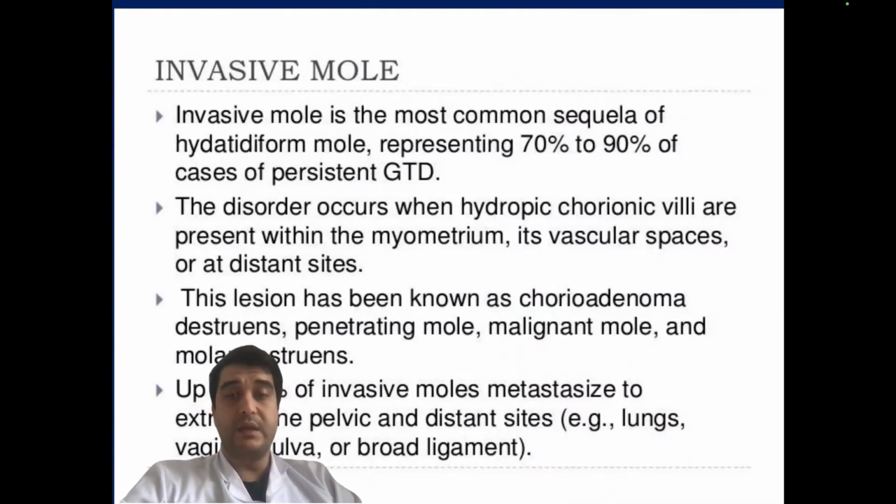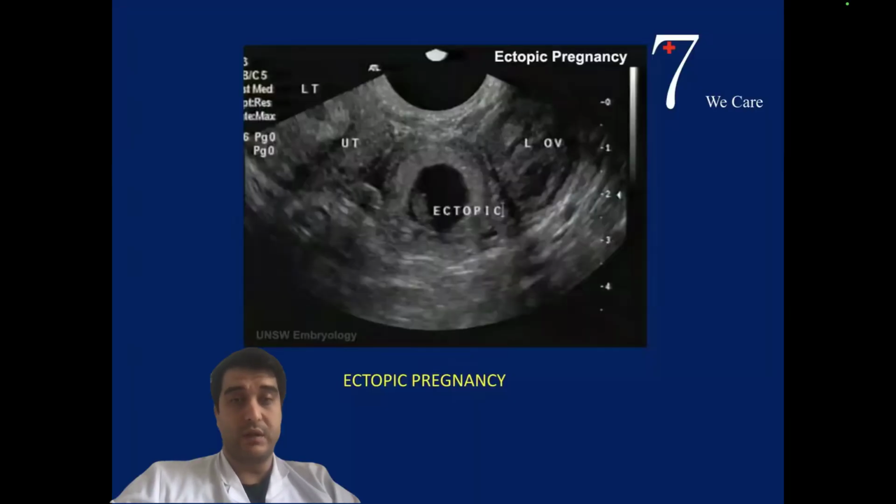The lesion has been known as chorioadenoma destruens, penetrating mole, malignant mole, and molar destruens. Up to 20% of invasive moles metastasize to extrauterine, pelvic, and distant sites, like the lungs, vagina, vulva, or broad ligament.